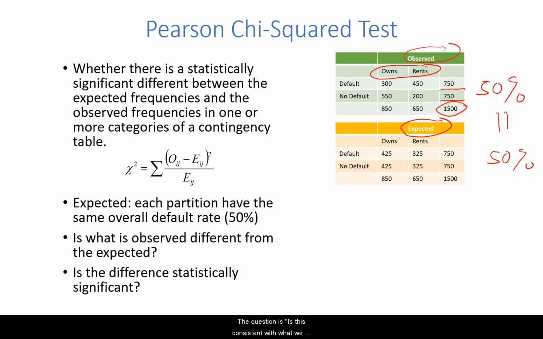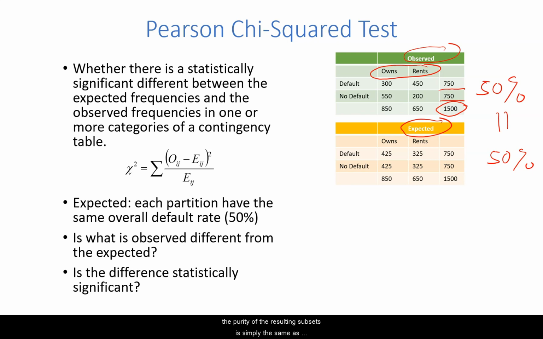The question is, is this consistent with what we observed in the dataset? Or are the frequency values in the expected contingency table significantly different from the frequency values in the observed contingency table? If they are the same or statistically the same, then it means that home ownership is not a good split, as it does not create purer subsets.